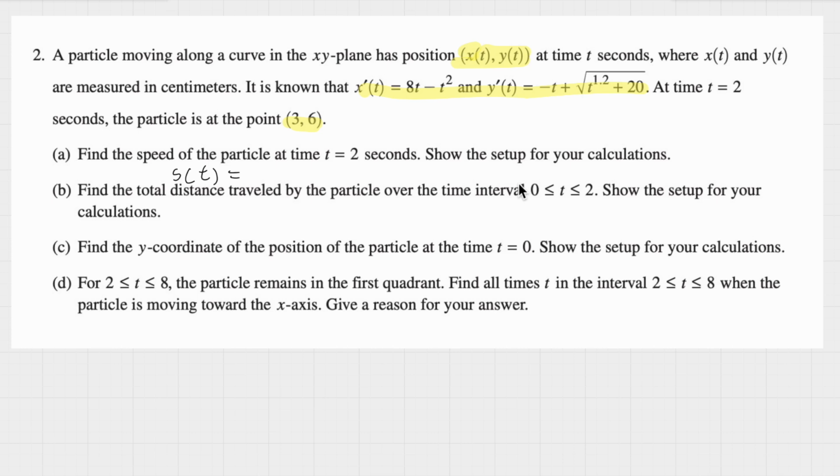It's the root of x prime of t squared plus y prime of t squared. And in this case, we should plug these two values in, but it's kind of tedious, so you can just leave it to your calculator to do it.